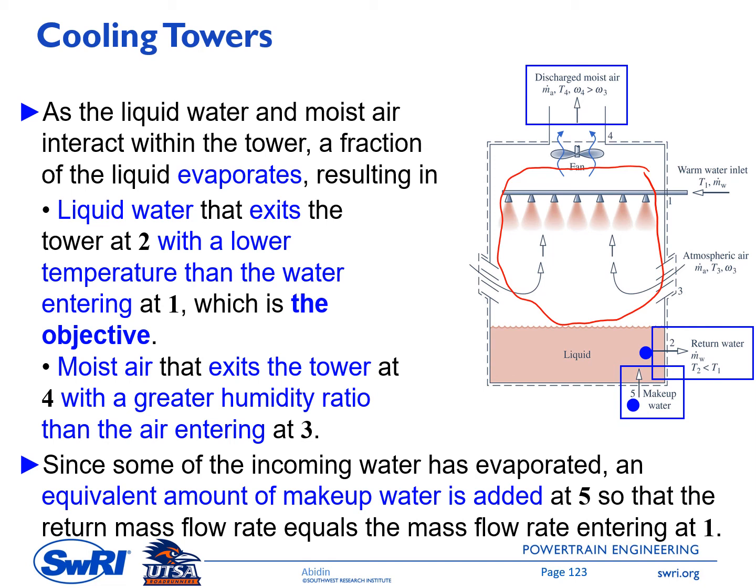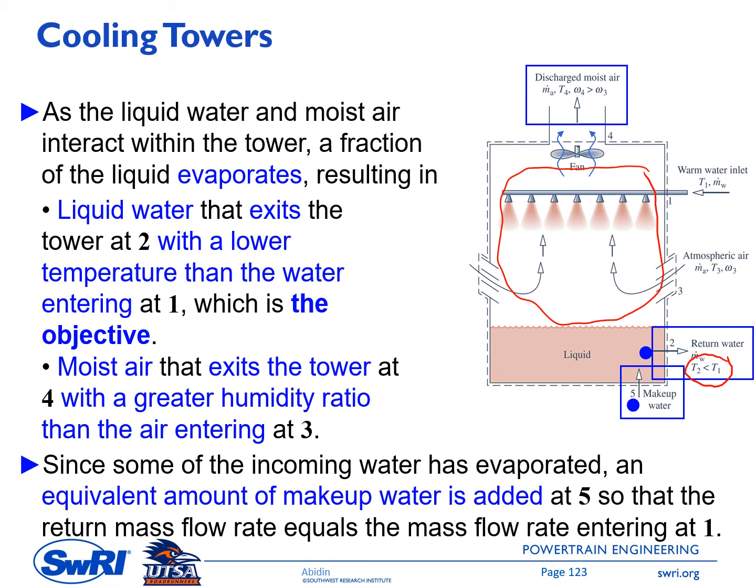This results in liquid water that exits the tower at 2 with a lower temperature than the water entering at 1, because energy is needed to evaporate the liquid. Therefore there is a reduction of temperature here. So T2 is lower than T1, which is the objective of this cooling tower. We want to have T2 as low as possible.